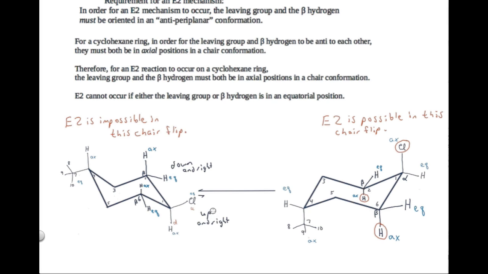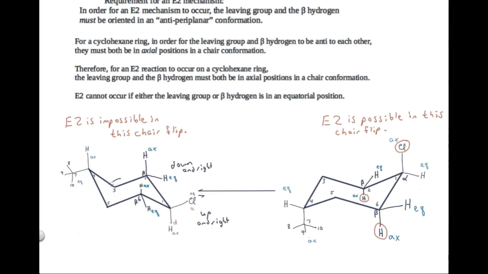And if you wanted them to be completely opposite, you'd need one to be up and right and one to be down and left. And that's not what we're getting here. The opposite, anti to up and right, would be down and left. But we don't see anything like that here on the beta carbons. None of the hydrogens are in that position. The thing that's pointing down and left from carbon 2 is a carbon, not a hydrogen.